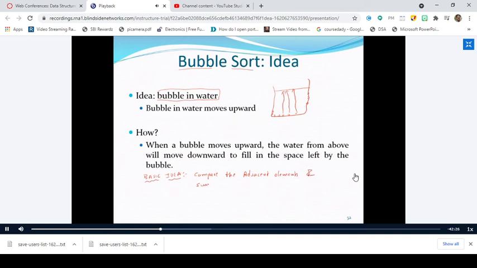We'll see it with an example, don't worry. Right. What is the basic idea behind bubble sort? Compare the adjacent elements and swap if necessary. A simple statement. Right. What do you understand by this term?